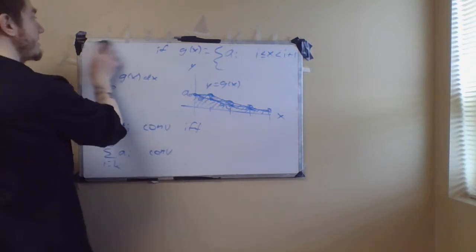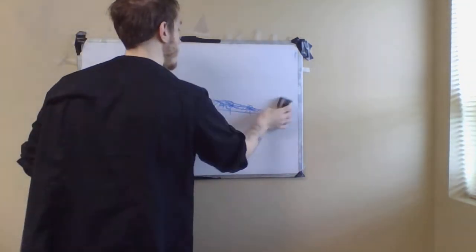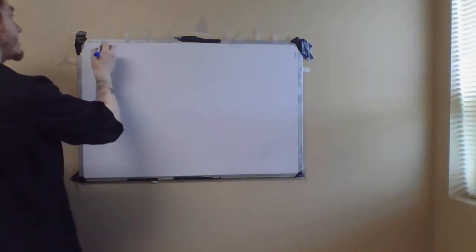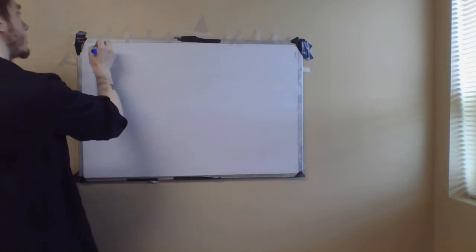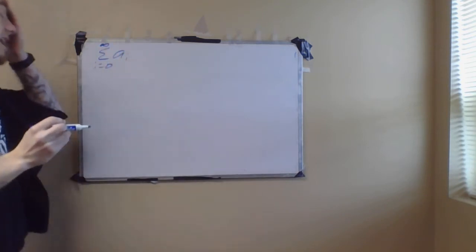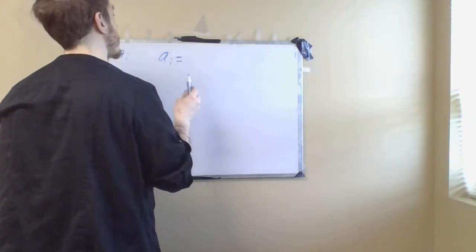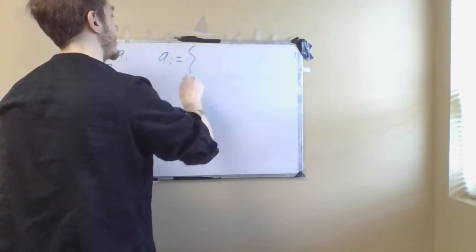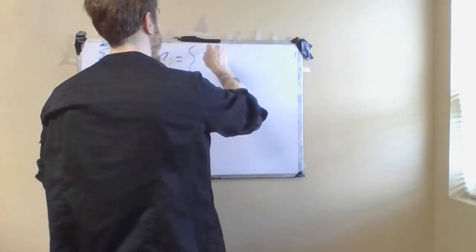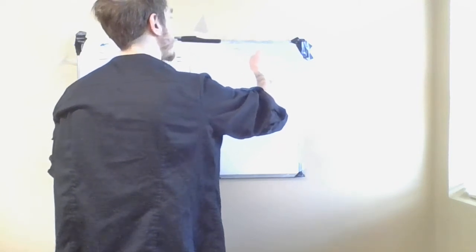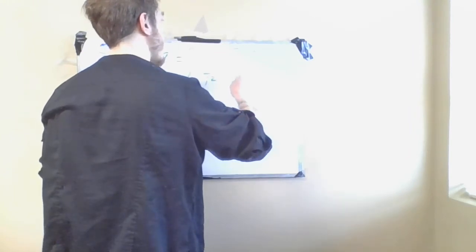A fairly simple example of this kind of thing would be if we had the sum from i equals 0 to infinity of a sub i, where a sub i is equal to i for 0 less than or equal to i less than or equal to 5, and then it's equal to 1 over i squared for i bigger than 5.